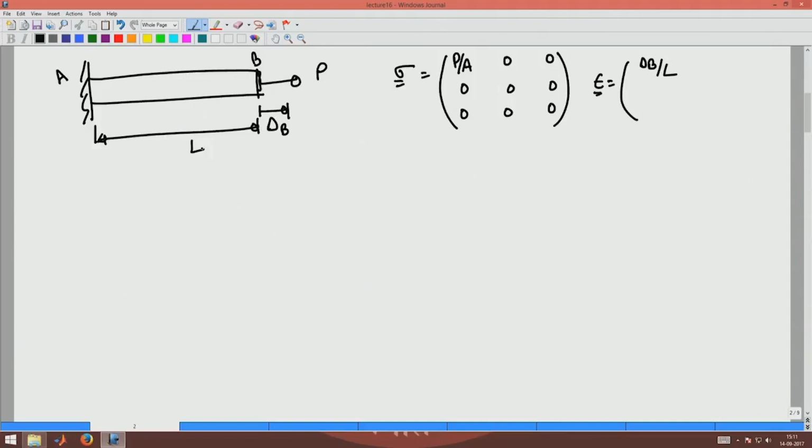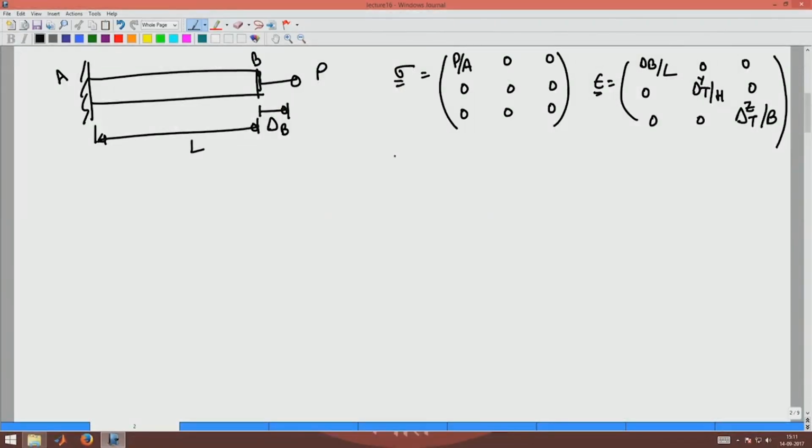The other components are 0, and the transverse strain in y direction is the transverse displacement in y divided by the height of the member, and likewise the transverse displacement along z divided by the breadth of this member. We saw this when we looked at the uniaxial loading case.